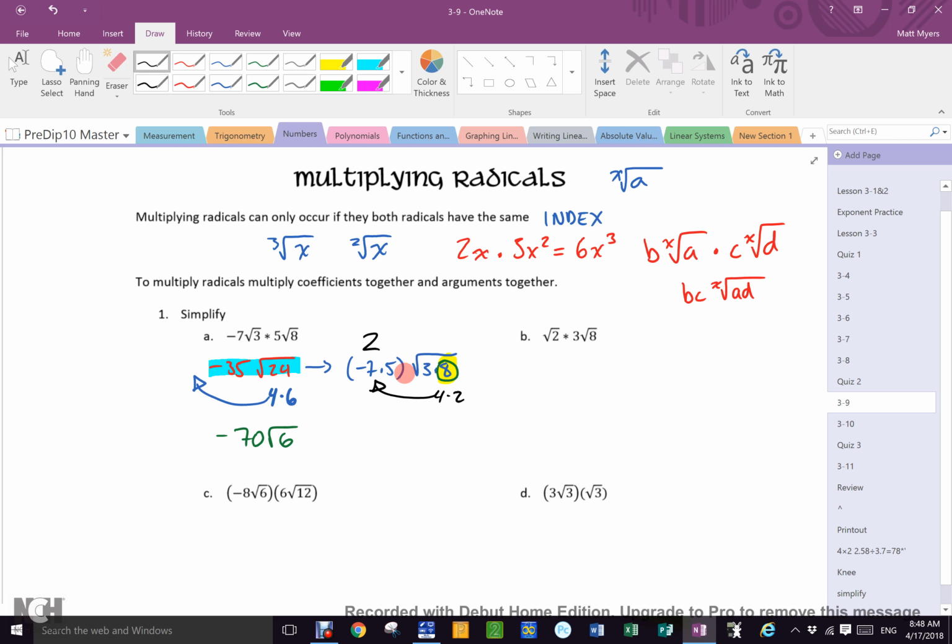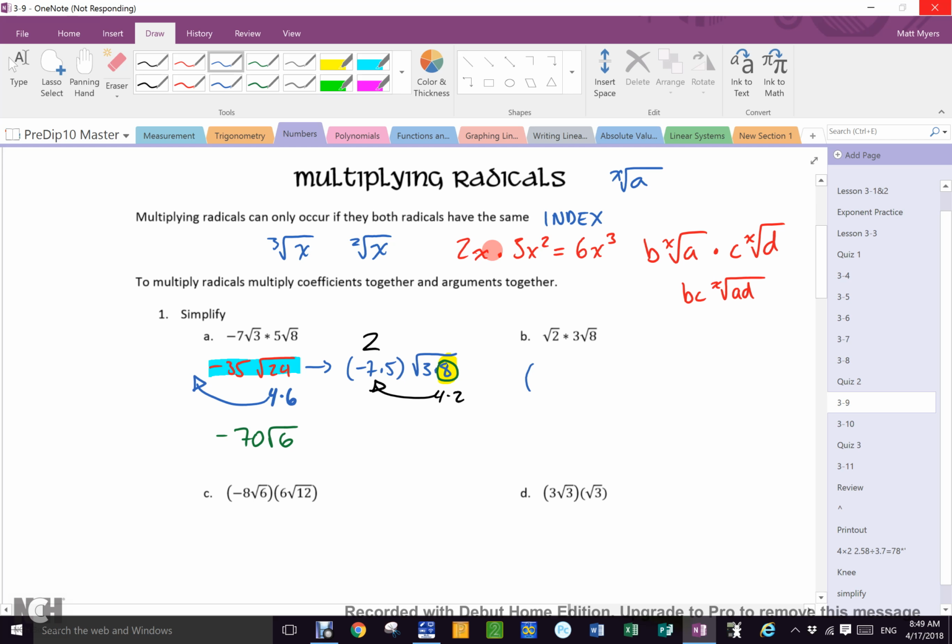Okay, so let's look at B. What's different in B? What's different between B to A? There's no coefficient out front, but there is a coefficient out front. What is it? 1. So this is what? If I was going to write it out fully, what would I write? What would be the coefficients, if I wrote it out fully like I did right over here?